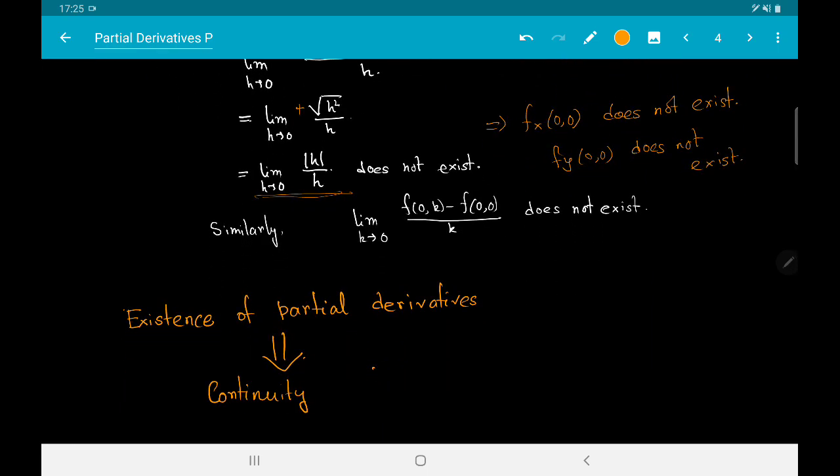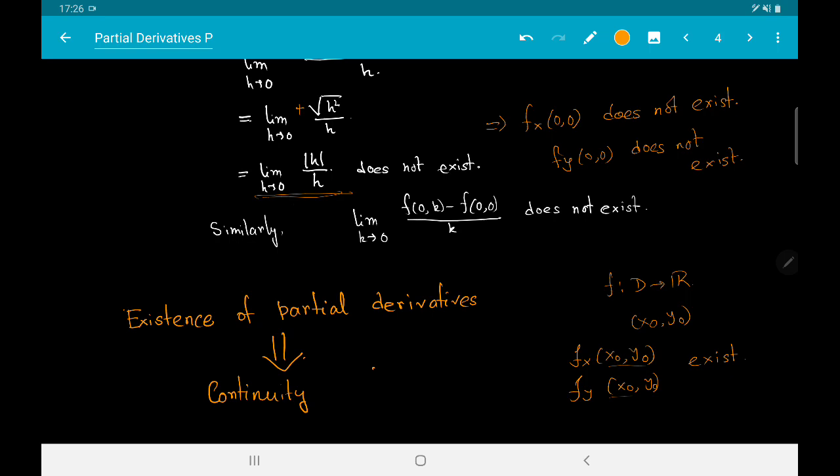So is it true that if f is a function from D to R, and you take a point x0 y0 with required properties, and you are given that fx at x0 y0 and fy at x0 y0 both exist, then the function f is continuous at the point x0 y0? So here you are going to see a surprise that this is not true.